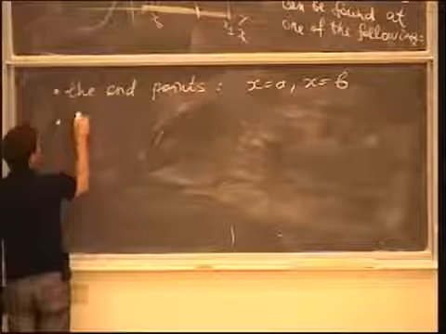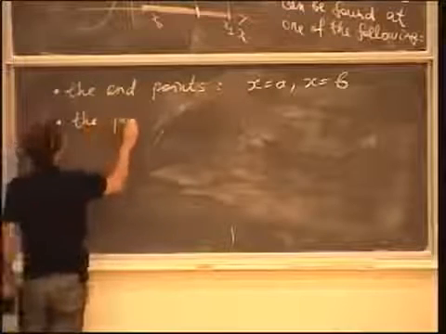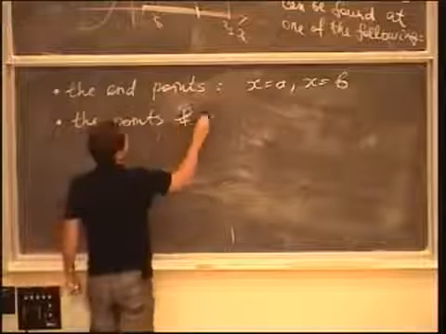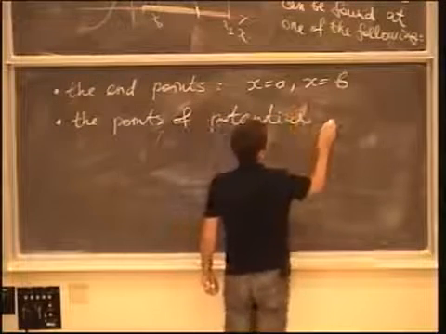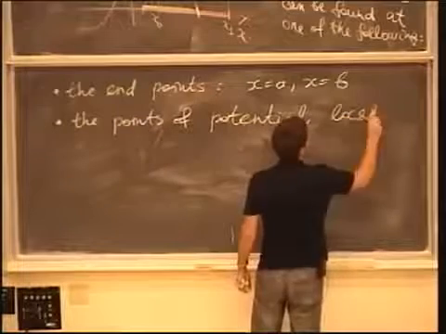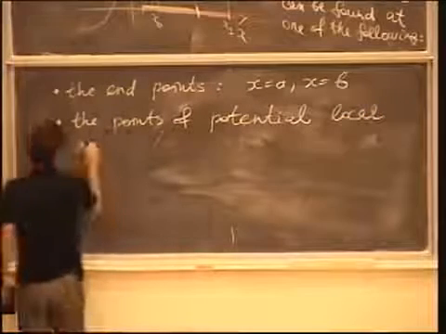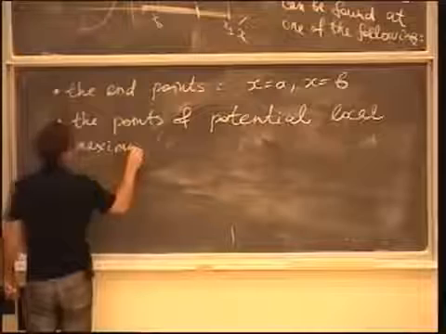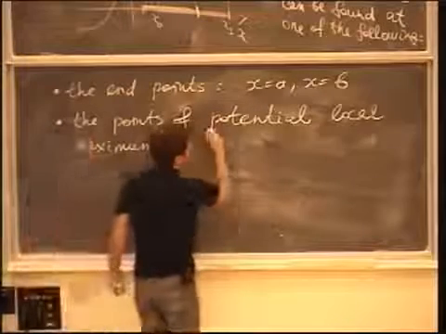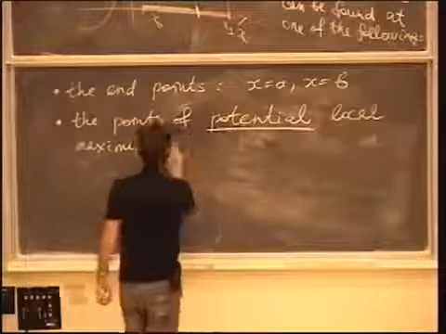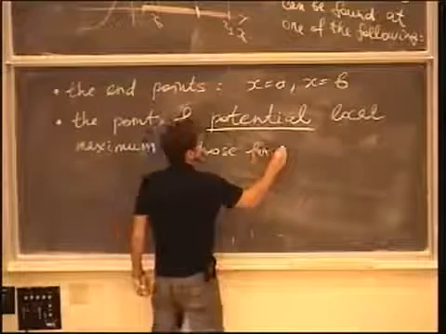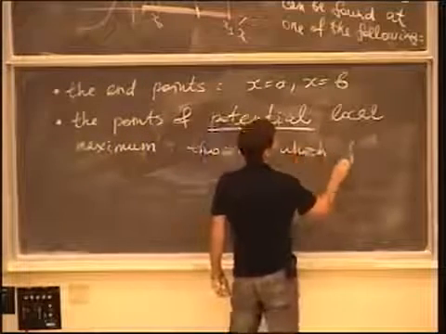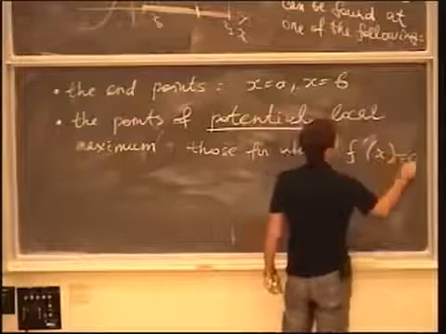and the points of potential local maximum. Here it's important to emphasize the word potential. Those are the points for which f prime of x is 0.